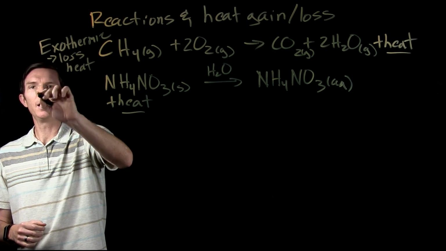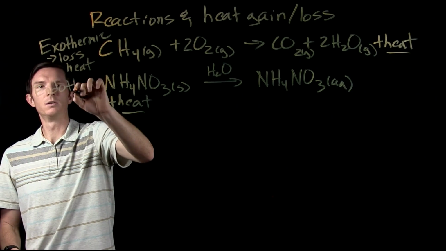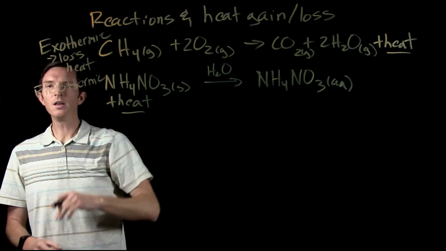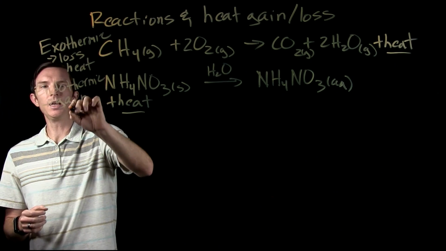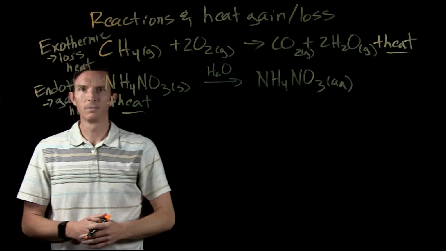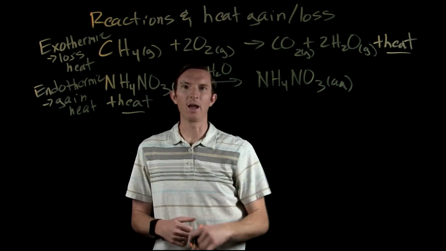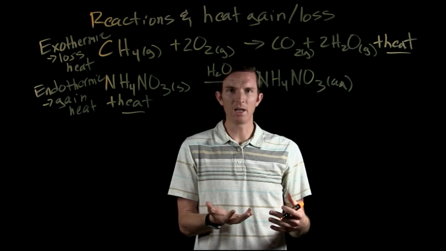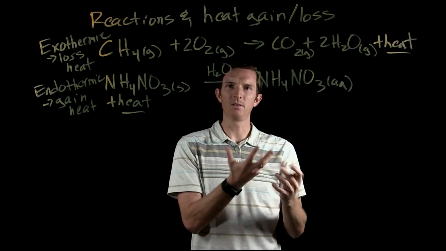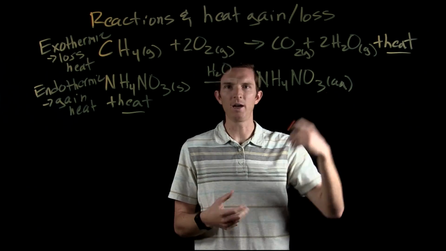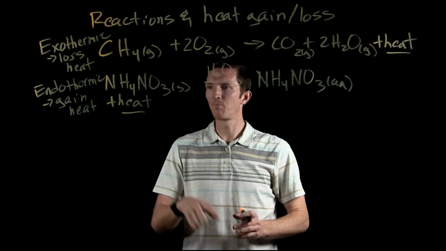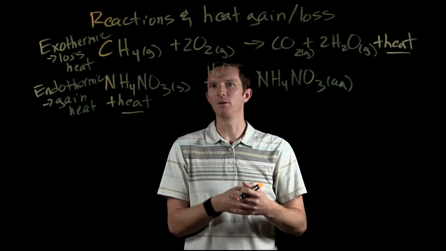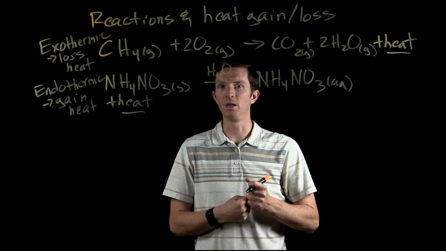This one is an endothermic reaction. It's absorbing heat, or we can also think it gains heat. So we have these two types of reactions. We can experience something like this. We turn the stove on, it gets hot, you turn your barbecue on, it gets warm. That's an exothermic reaction. Endothermic reaction, you dissolve something or you undergo a process where it absorbs heat.